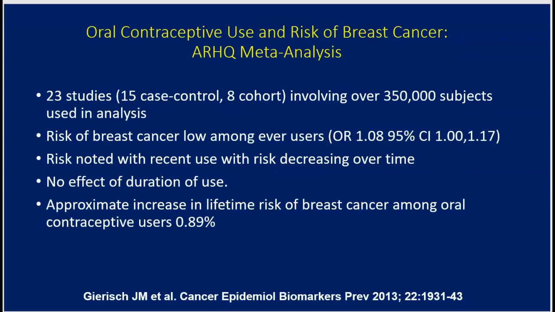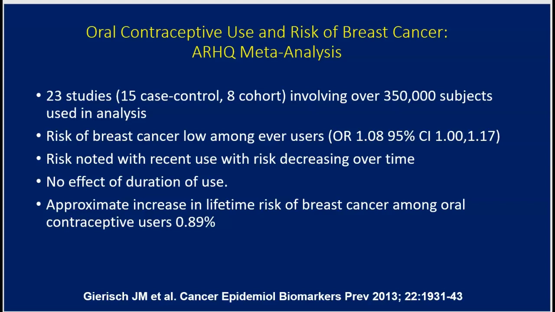In another meta-analysis by the AHRQ, looked at 23 studies, 15 of which were case control and 8 of which were cohort, and again involved over 350,000 subjects. The risk of breast cancer was exceedingly low among ever users, 1.08, and again, that degree of positivity could also be due to bias.